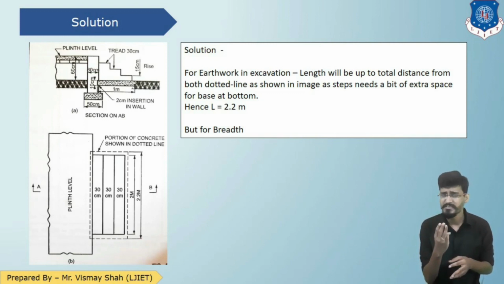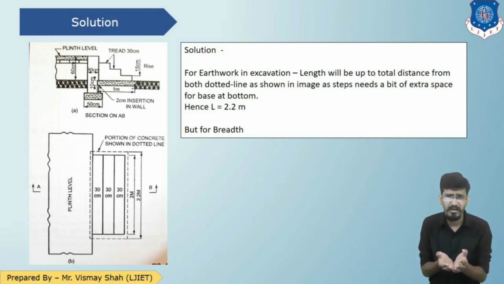There are 3 steps constructed having 30 centimeter as tread and 15 centimeter as riser. The length of the step is 2 meter, but a dotted line is represented around the steps, and that indicates a portion of concrete. Generally students, when you are constructing the steps with brick masonry, it needs a strong base.